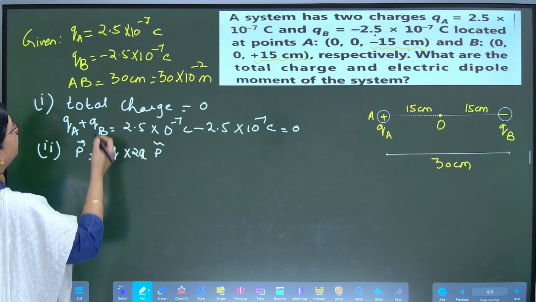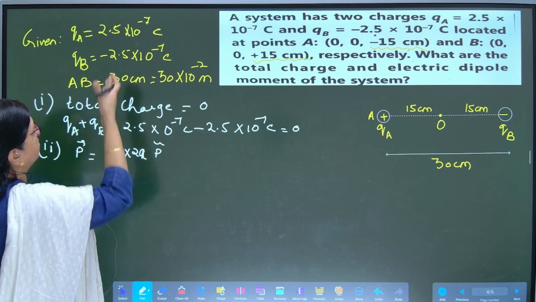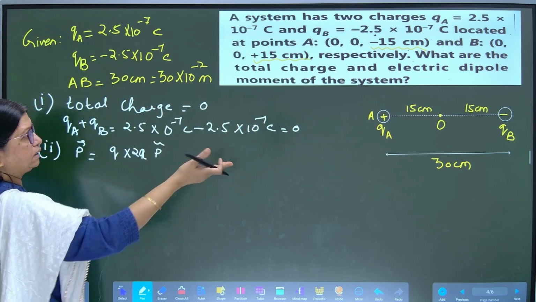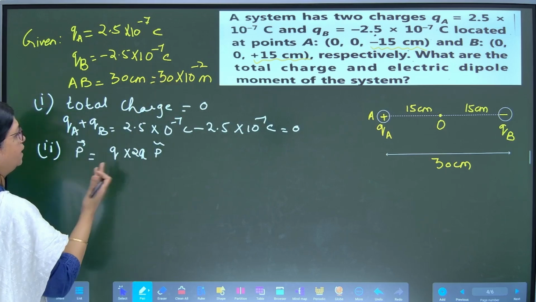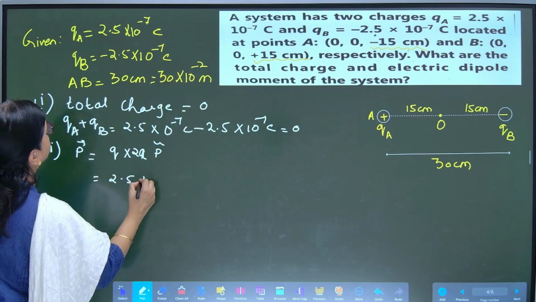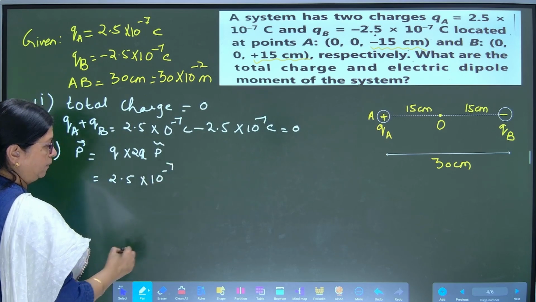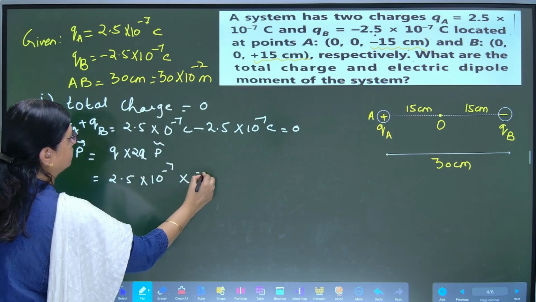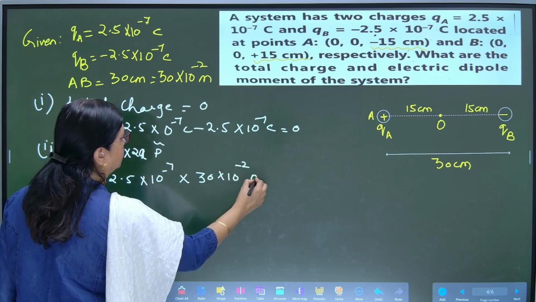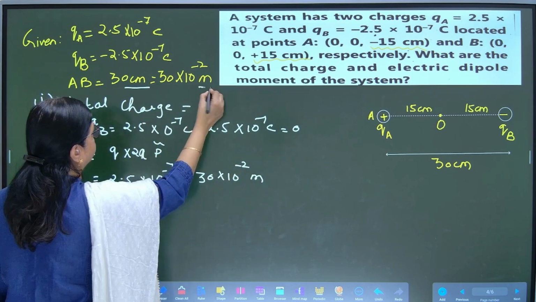So what is our Q? One of it. That is written here. What is our Q? 2A, distance between the two charges, that is 30 centimeters. That is also written here. Just substitute. So Q is equal to 2.5 into 10 raised to minus 7 multiplied by the distance is 30 into 10 raised to minus 2 meters. Remember, conversion factor is there.